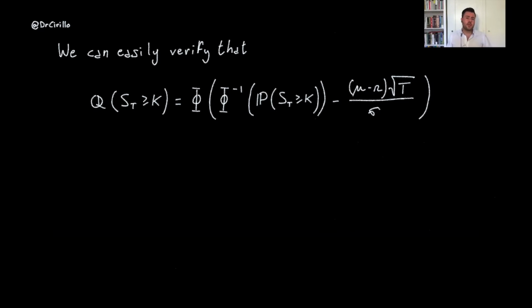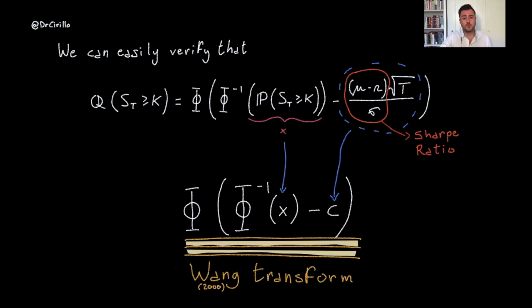Now, we can easily verify, as I showed you in the previous lesson, that the probability to be in the money under the risk-neutral measure is nothing more than a transformation of the probability to be in the money under the physical measure. But this transformation that we have considered is what?